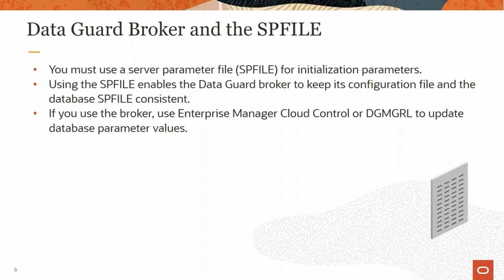If you use the broker, use Enterprise Manager Cloud Control or the Data Guard Broker command line interface to update database parameter values. If you update any parameter that Data Guard Broker controls through SQL Plus, then Data Guard Broker will complain. So it's better to use the Data Guard Broker command line interface to update the parameters that Data Guard Broker controls.